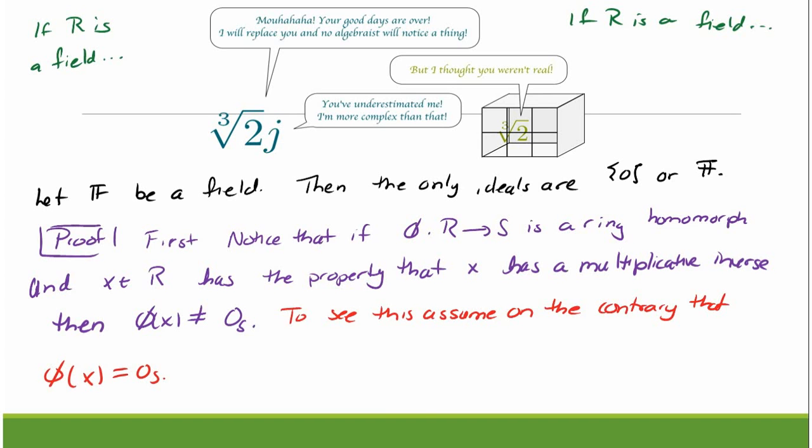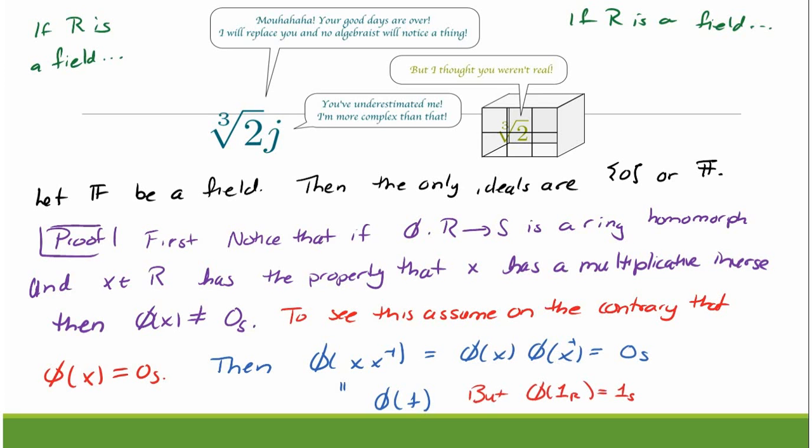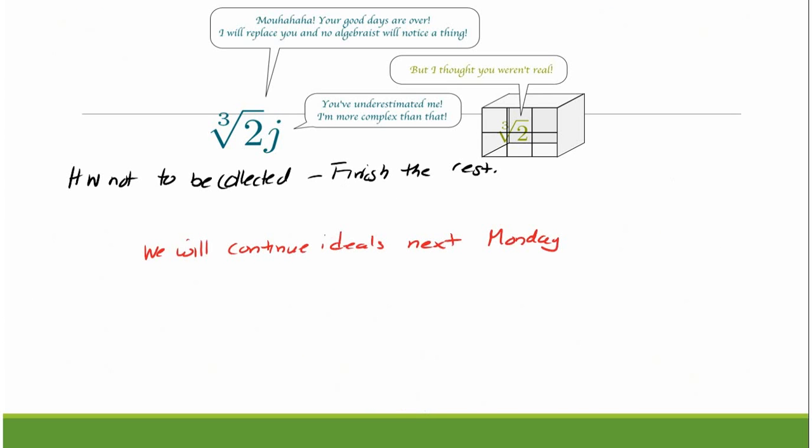I can see this because if I assume on the contrary that phi of x is 0, then I get phi of x times x inverse, which is phi of 1, is 0. But a property of homomorphisms between fields tells us that phi of 1 has to be 1. So that's a contradiction, because that would imply that 1 has to equal 0, which is impossible.